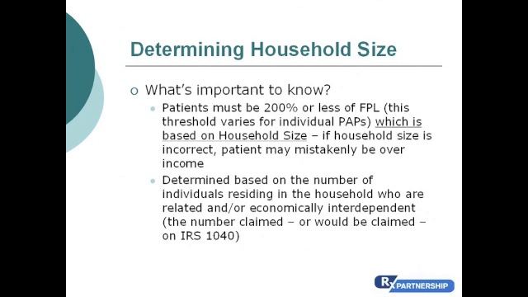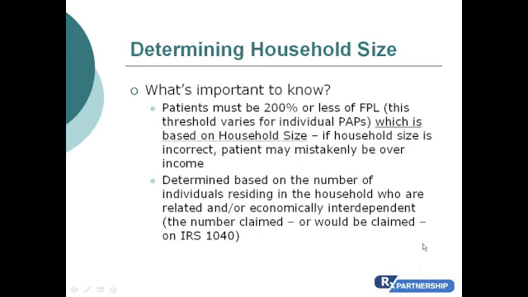Sometimes a tax return is not the most current snapshot of someone's income, but it can be extremely useful in determining household size and making sure that you're looking at the right income threshold, federal poverty level, for the program participation.